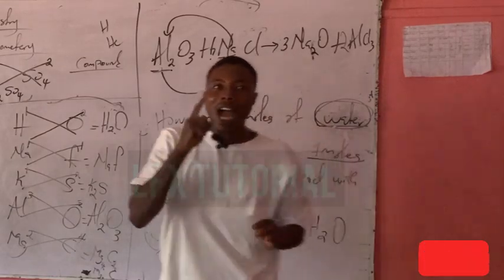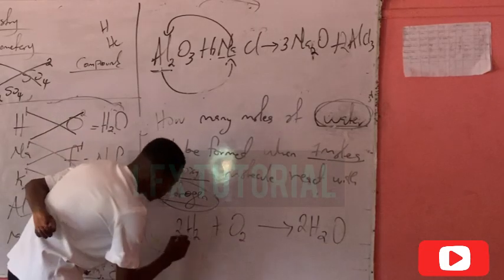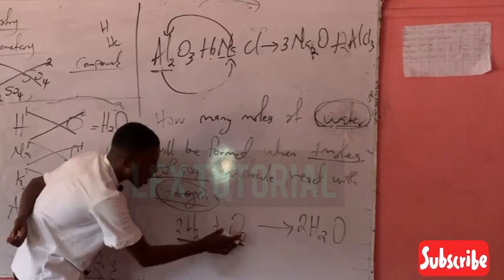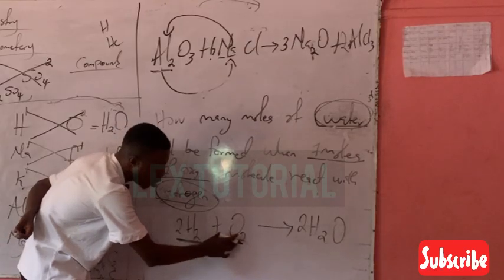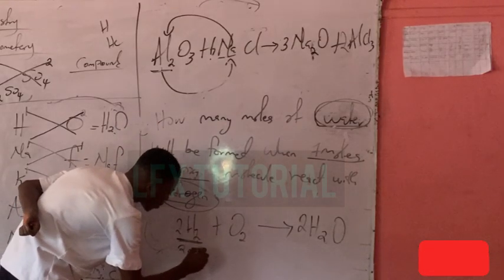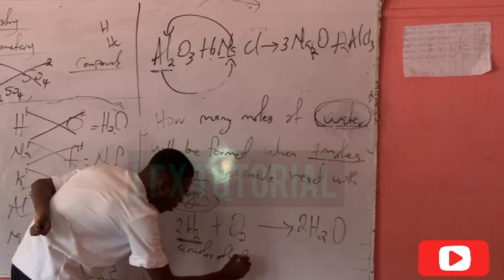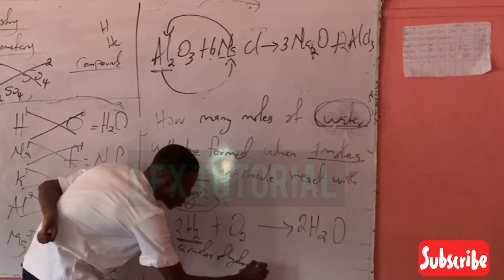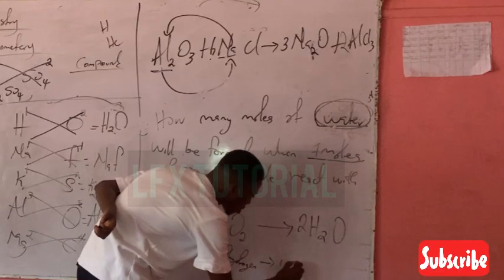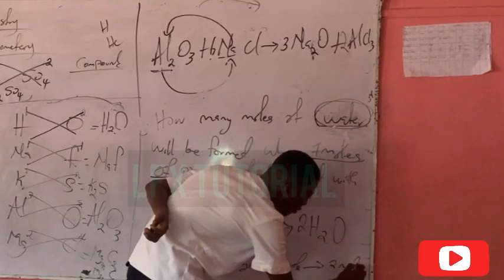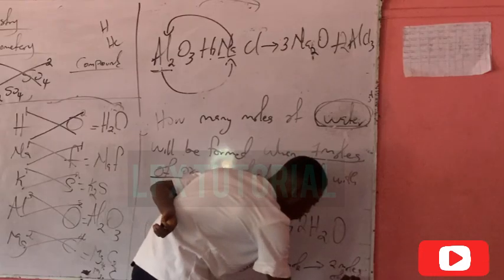So now, they ask that this is 2 moles of hydrogen reacting with 1 mole of oxygen. So 2 moles of hydrogen need to react with 1 mole of oxygen to form 2 moles of water.